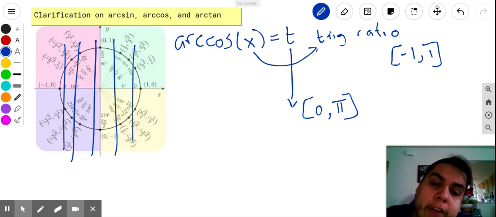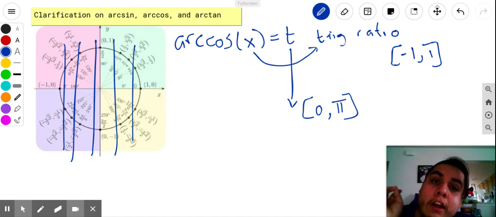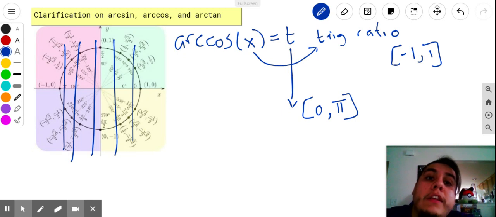Because this circle right here is not a function. This is talking about both x and y depending on the angle t. So that's why I'm using a vertical line test to figure out where the cosine would kind of be inverted.